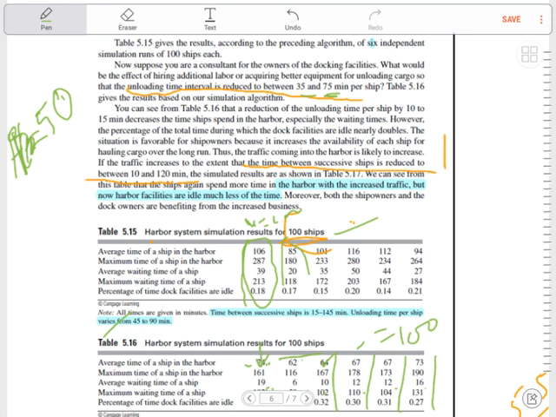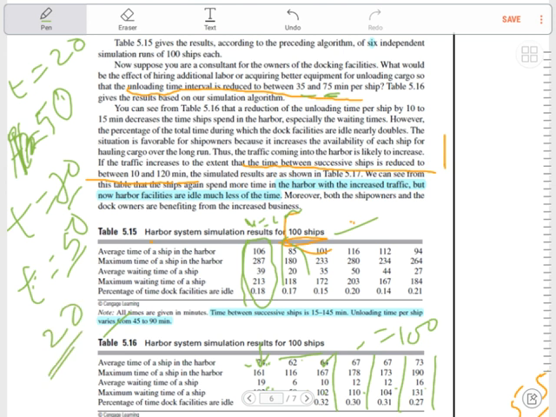And suppose it has arrived at t equals 20, so total t equals 70 is the time ship 1 spends. Now ship 2 was coming at the time t equals 50. That means for 70 minus 50, 20 minutes, ship 2 has to wait.